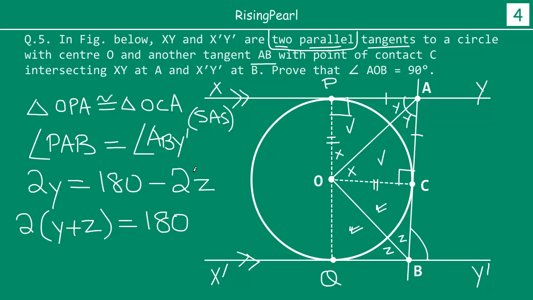So the 2z goes on the other side. And now from here, we can take the 2 common factor out. You will get y plus z is equal to 90 degrees.